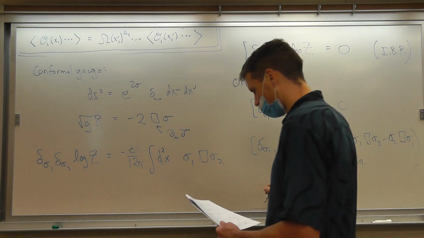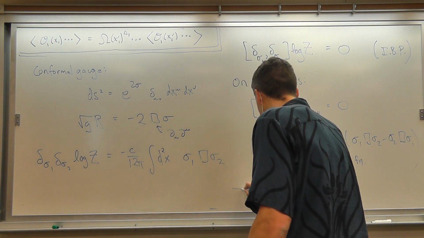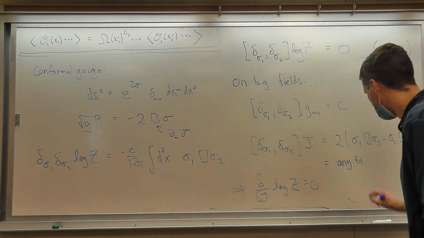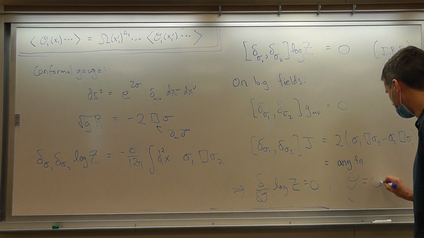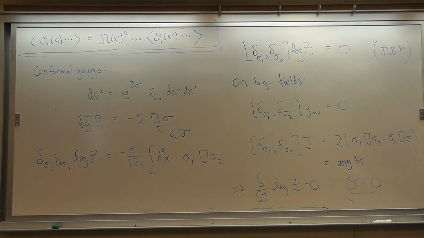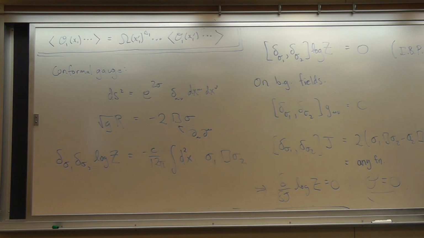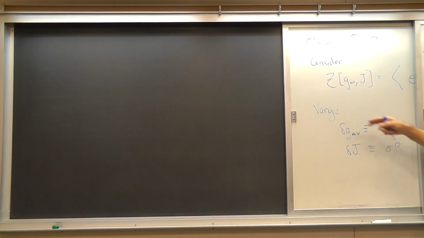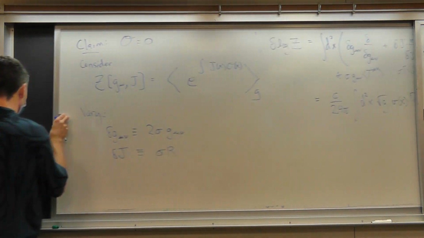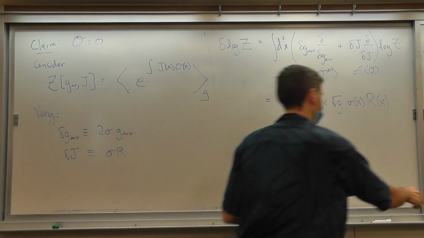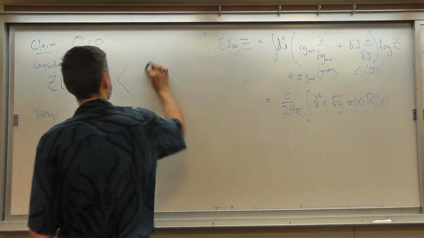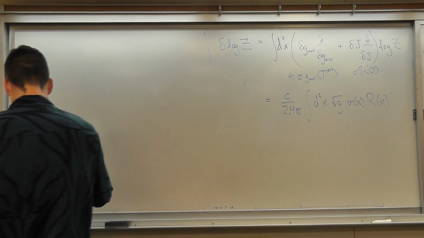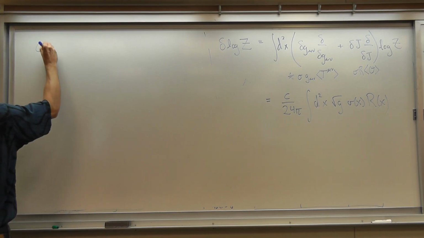Okay, so delta J log Z is therefore 0, and that means that we can take this operator O to be 0. Okay, conclusion.